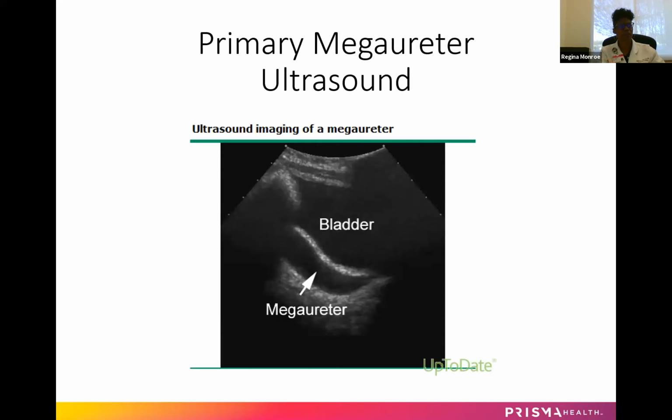So primary megaureter is typically diagnosed on ultrasound, and this is just a classic image. You can see the bladder and then the ureter longitudinally going into the bladder, the ureter being dilated and then coming down to a smaller caliber as it enters the bladder.